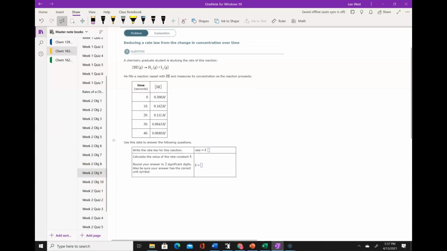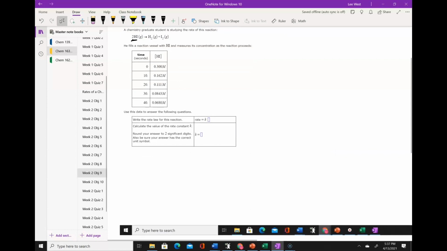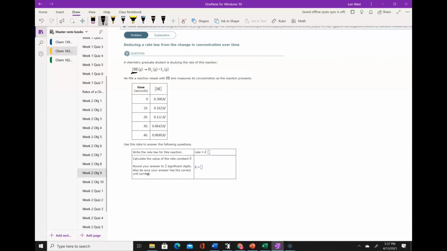Deducing a rate law from the change in concentration over time. Okay, so this is where we've got time and concentration. So what we've got to do here, and we notice this reaction has only the one reactant, which means that integrated rate laws are appropriate. So what we're going to do is this.